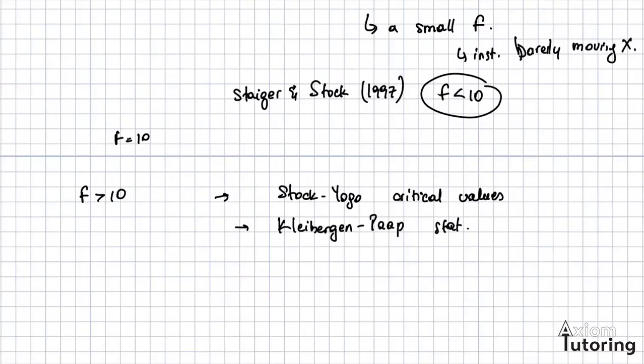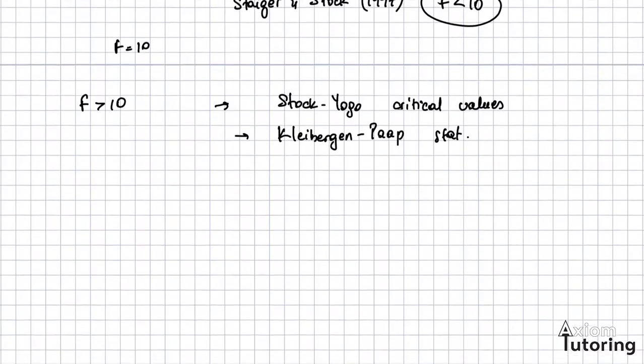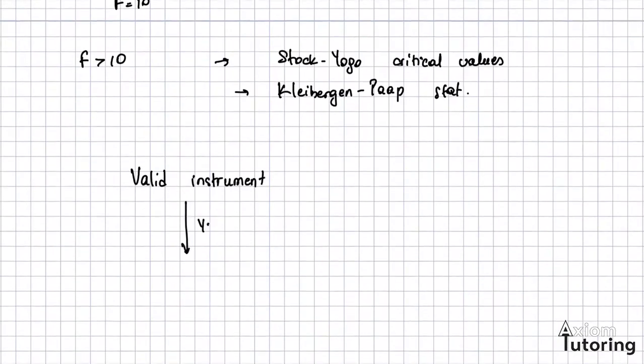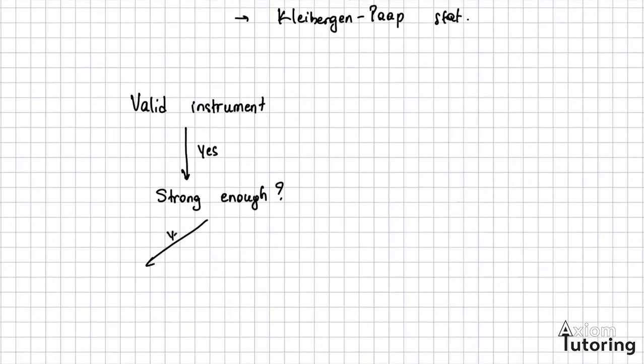Now, if we had a decision tree, what would that look like? Well, if you have a valid instrument, okay, if we go yes, that's great, this is what we want. The next question would be, is it strong enough? Okay, and if the answer is yes, it means you have a reliable IV estimate.